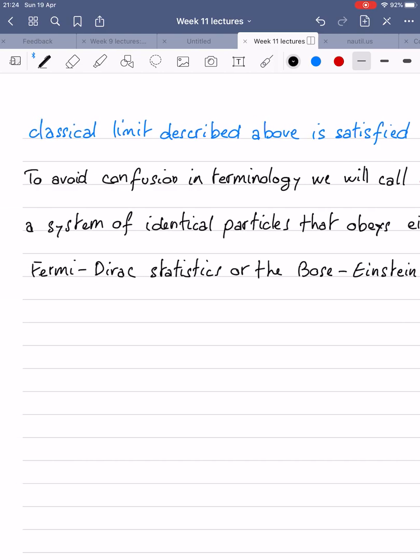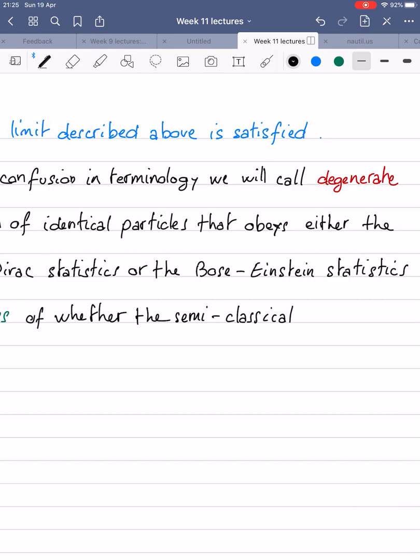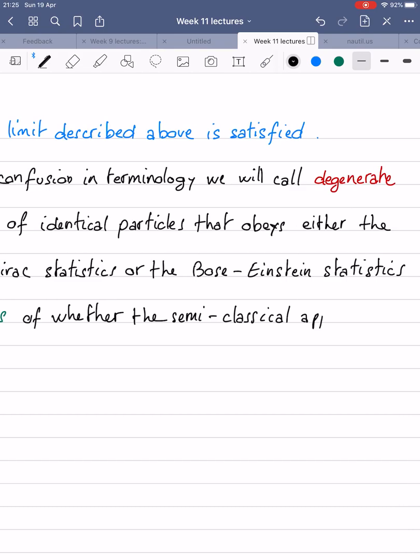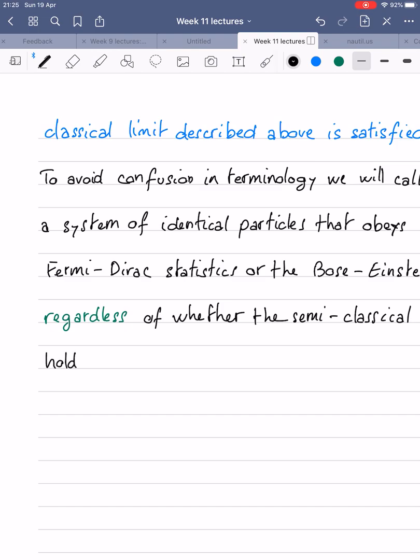And that's what matters, regardless of whether the semi-classical limit approximation holds or not.